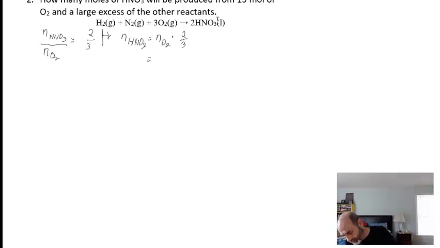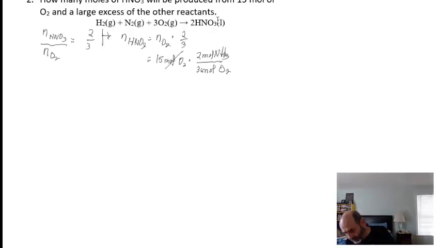15 moles of oxygen. Let me put the units back in, moles of HNO3 per 3 moles of O2.